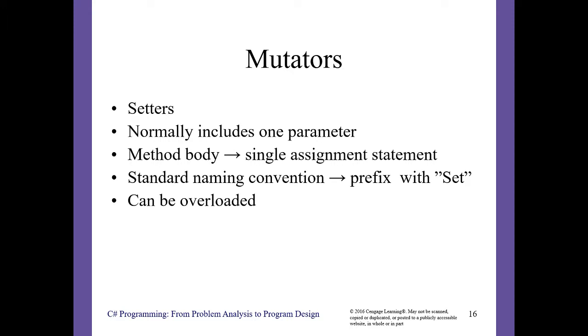This is the same as a getter, only in this case, we're talking about updating the value we've saved in our class. So for example, let's say I have an employee class and I have an instance of my employee class named Sam, and Sam currently gets paid $20,000 a year, but he's going to get a raise.